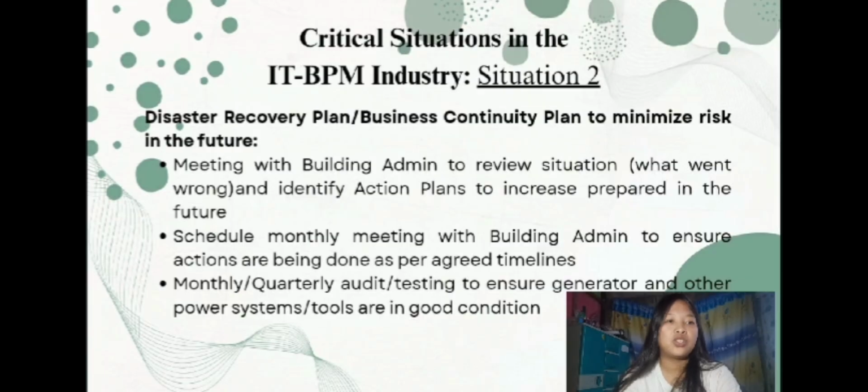Review and action planning: meeting with building administration to review the situation, what went wrong, and identify action plans to improve future preparedness. Regular monitoring: scheduling monthly meetings with the building administration to ensure actions are being implemented according to the agreed timelines.